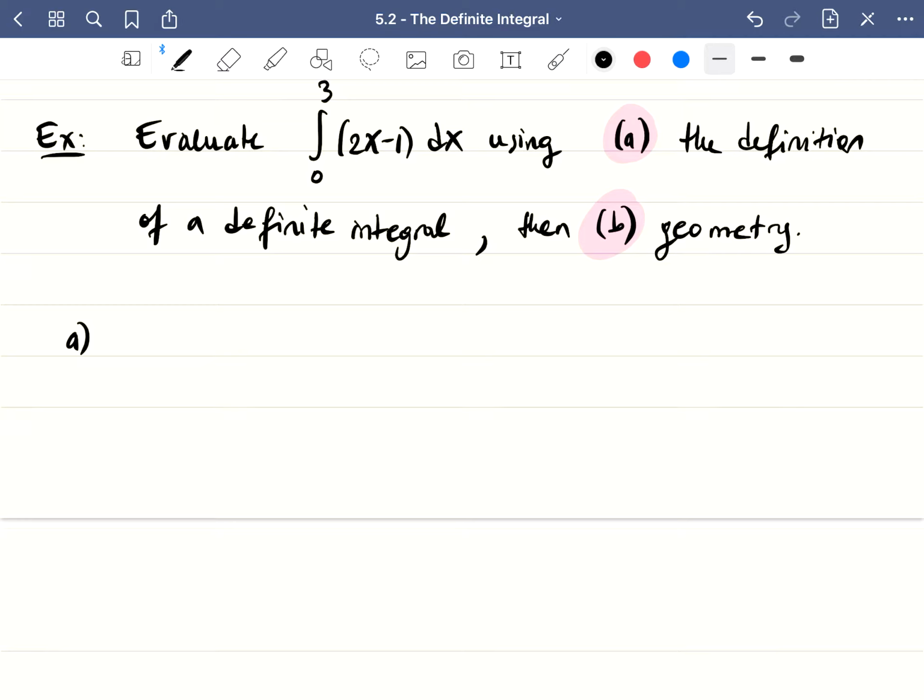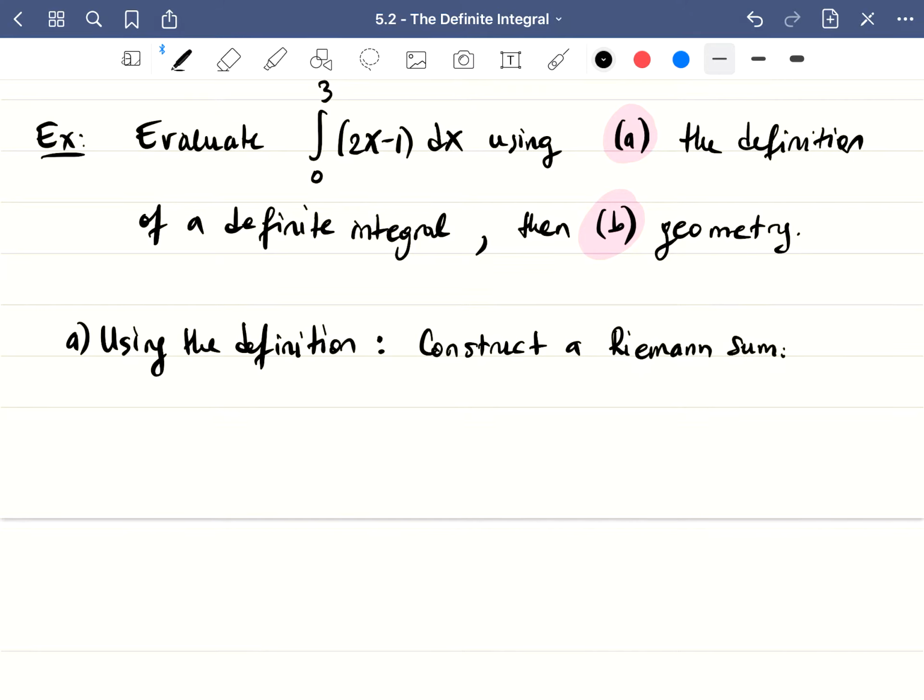So using the definition, let's construct a Riemann sum. Basically we need to know what delta x is, what the xi's are, and so on. First of all, let me write down the function.